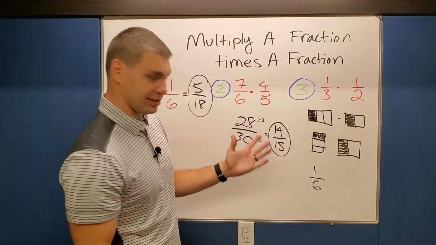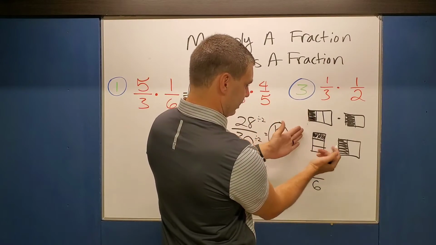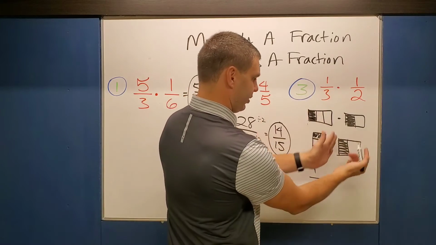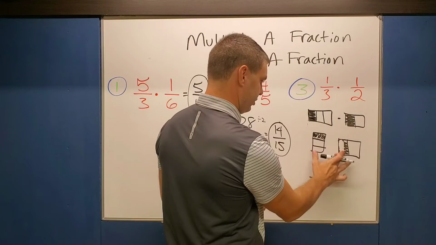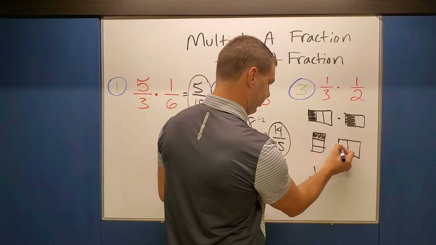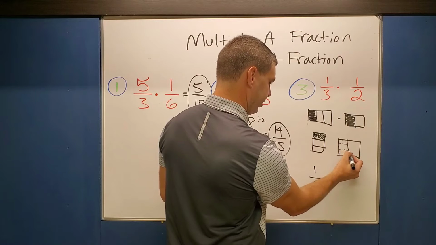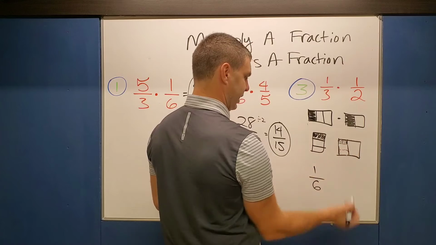How can I get that out of this picture? Well, what I can do is overlay this 1/3 on top of the shaded part. If I do that, let's maybe take away the shading, and now I'm going to overlay, I'll use some dotted lines maybe, overlay that, and now this shading would only be in this top section.